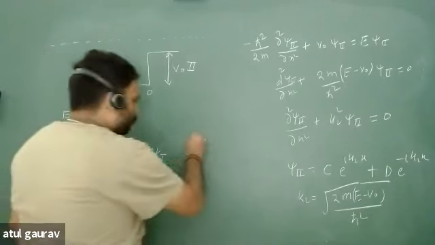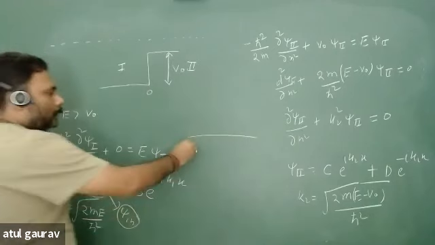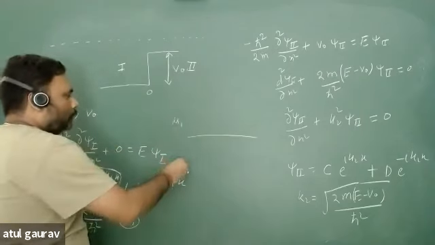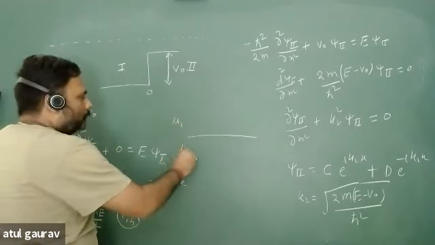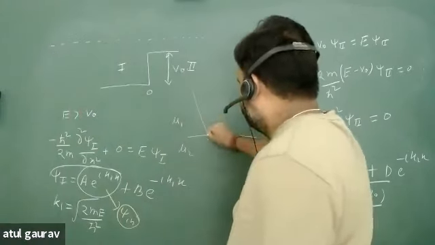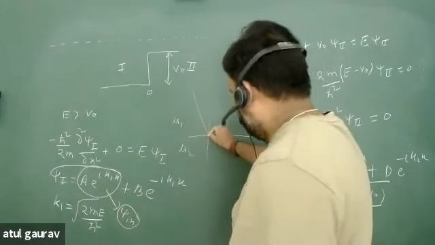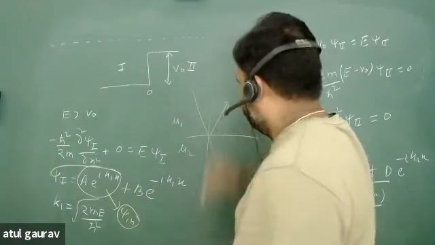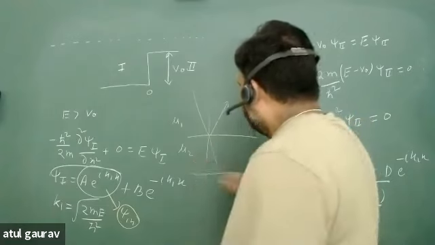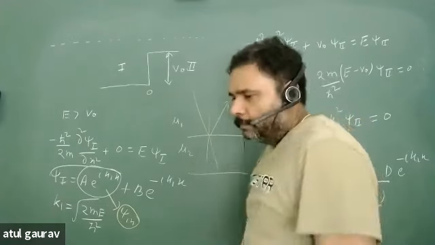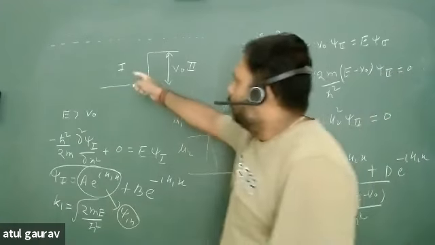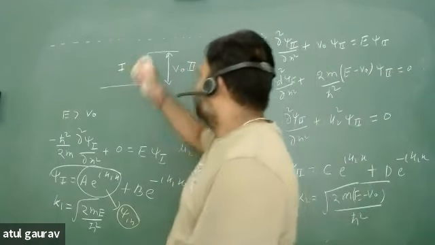Look at the logic, don't worry. This logic is from light. Suppose it has refractive index mu1 and mu2. If some light is coming here, it will go into the other side and it will also go back, but light will only go back if you have a different region, isn't it? Now here there are only two regions, region 1 and region 2.